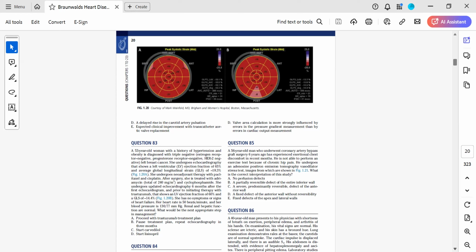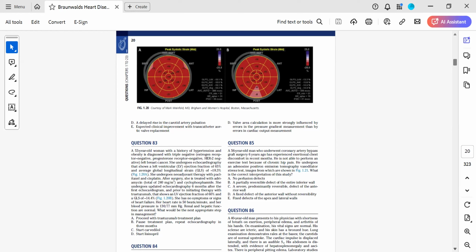She undergoes echocardiography that shows a left ventricular ejection fraction of 65% and an average global longitudinal strain of minus 18.3%. The strain image is shown in figure 120A. She undergoes neoadjuvant therapy with paclitaxel and cisplatin. After surgery, she's treated with adriamycin, a total of 240 milligrams per meter squared, and cyclophosphamide.